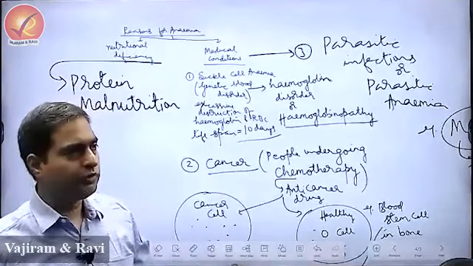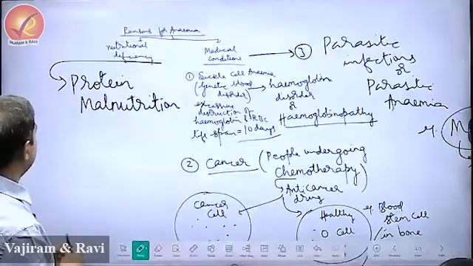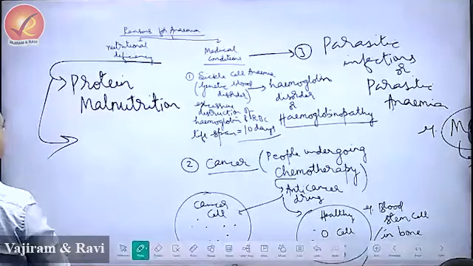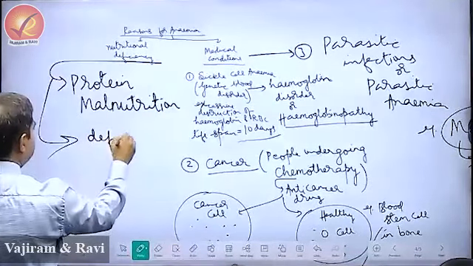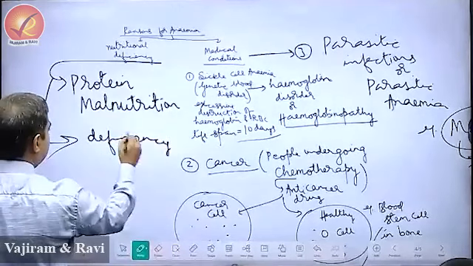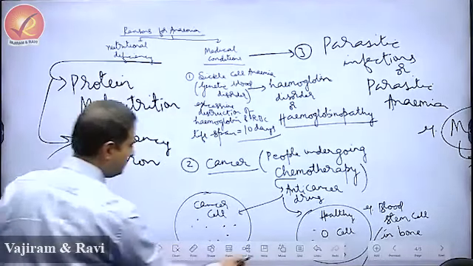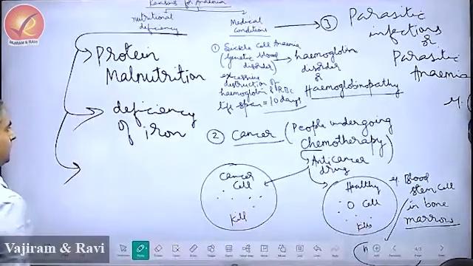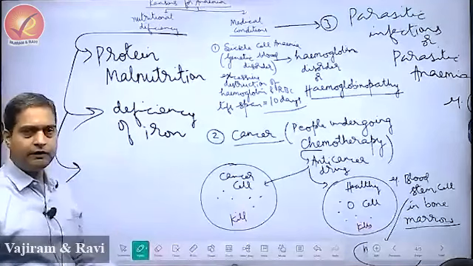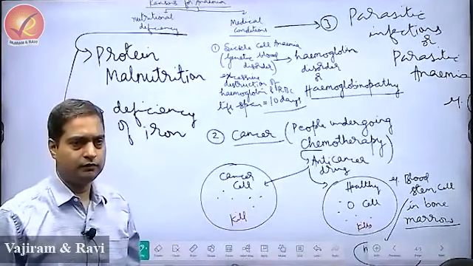So the building block of protein is what? Amino acid, which you get from the food source. Then if there is deficiency of iron in your body, even if protein is there but you have iron deficiency, still your body cannot make the final hemoglobin.